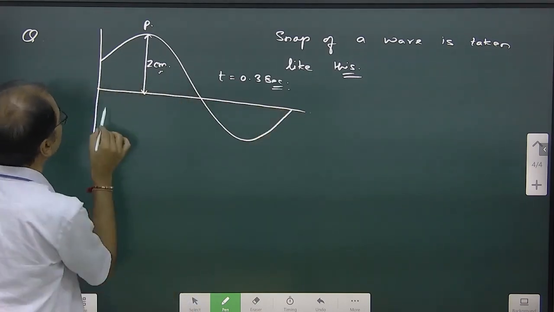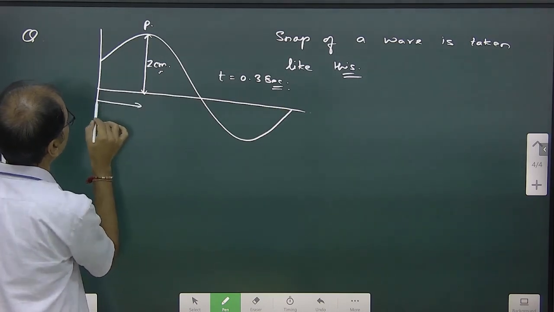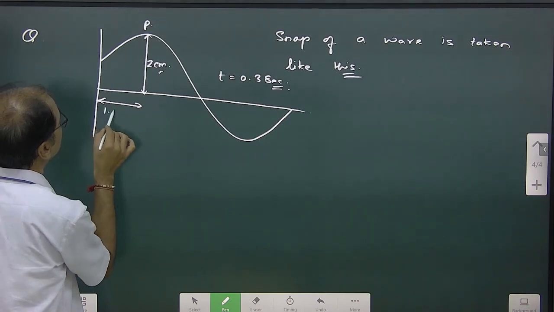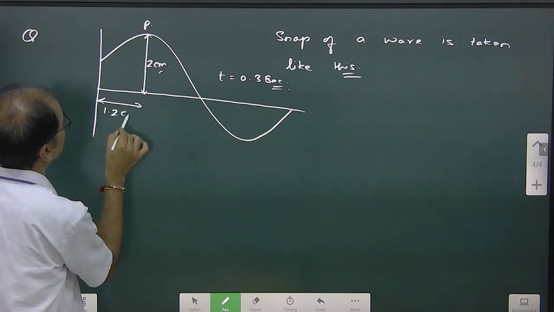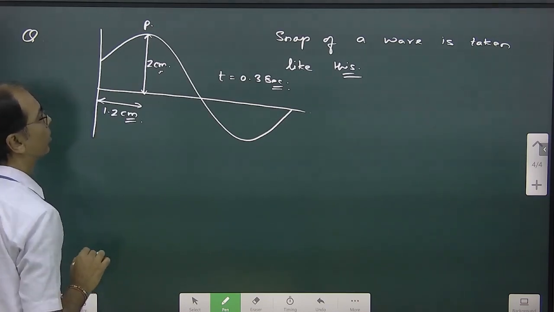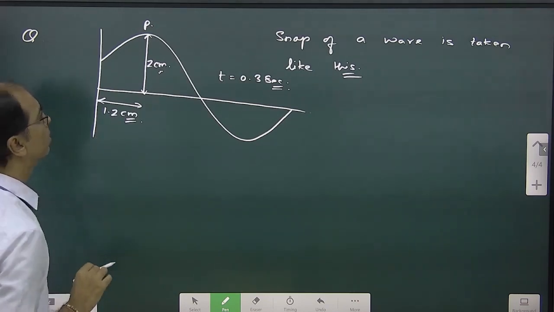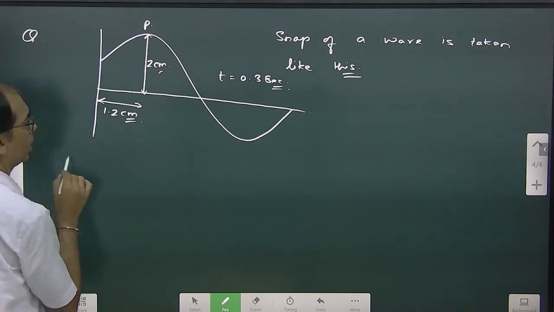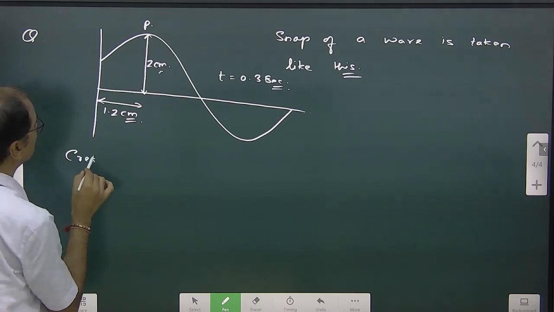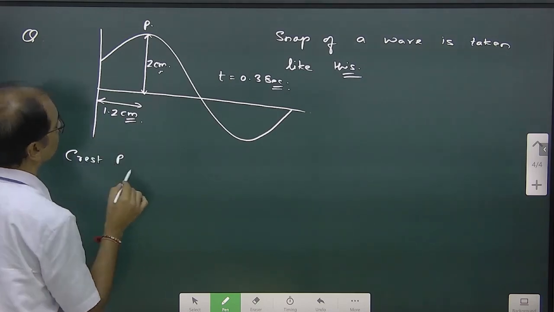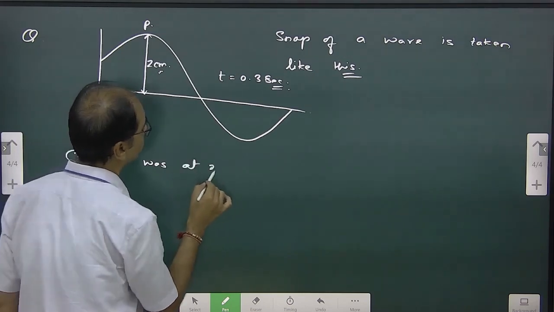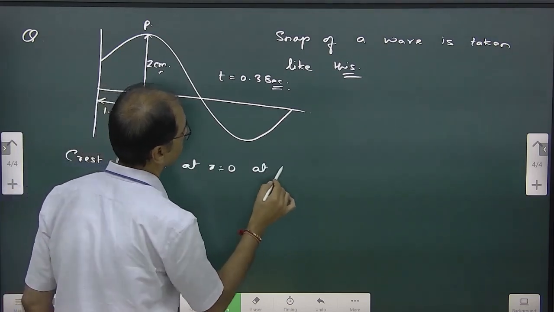Okay. And this distance is 1.2 centimeter. Time is 0.3 second. This distance is 1.2 centimeter. And crest P was at x equal to 0 at t equal to 0.